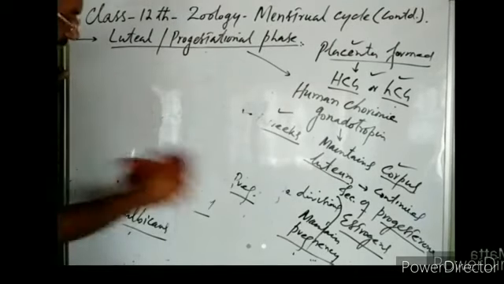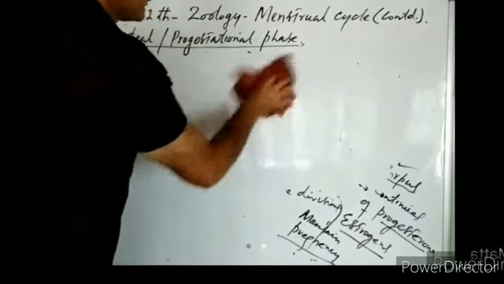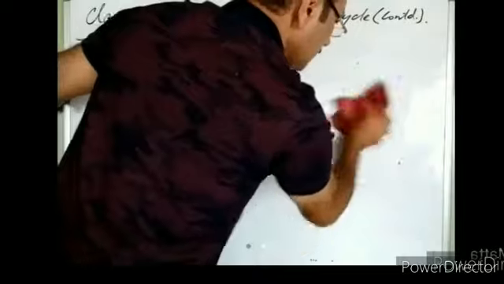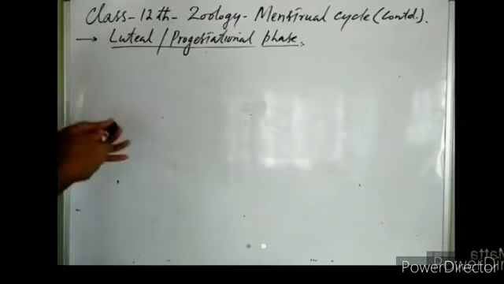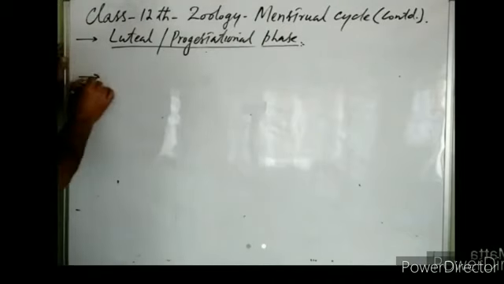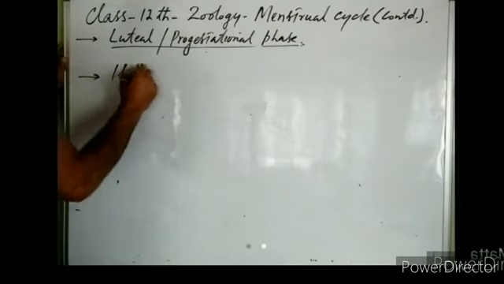If the ovum is not fertilized, now second condition, if the ovum is not fertilized, then it leads to the onset of menstrual phase.